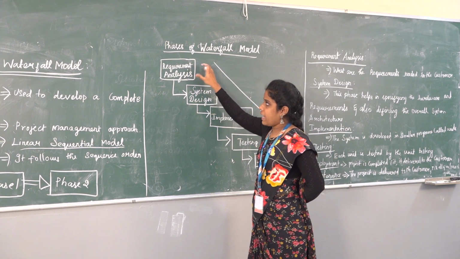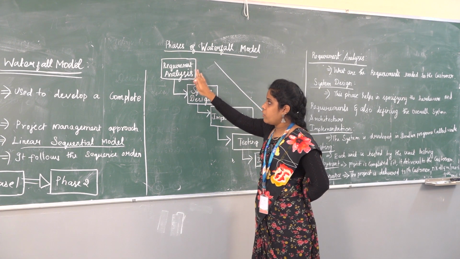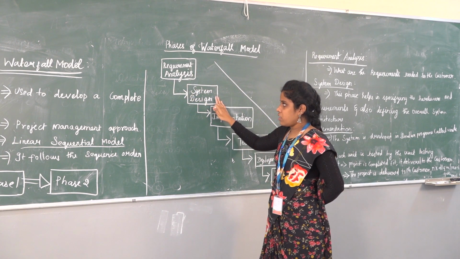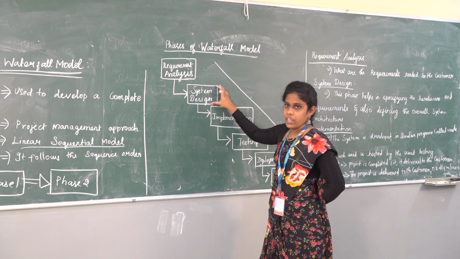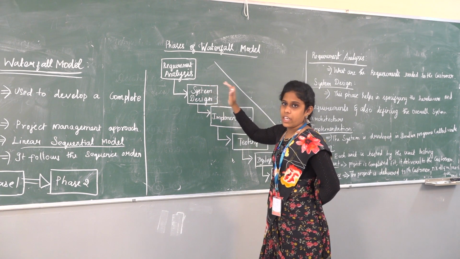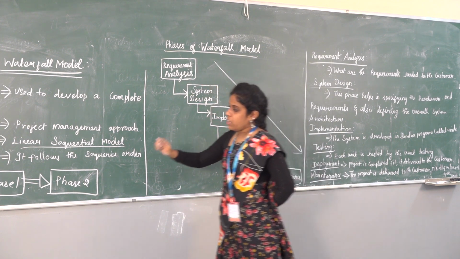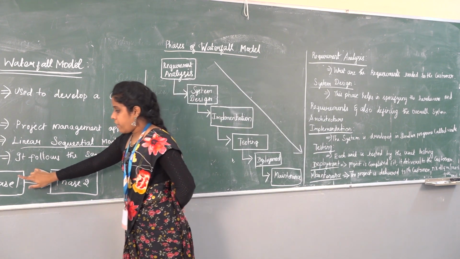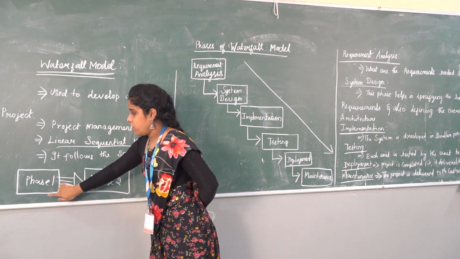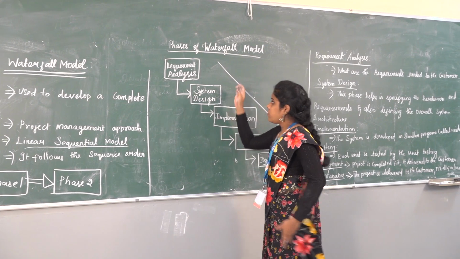In requirement analysis, the process is completely over, then it will move to the next phase, system design. In system design, it will get the input from the requirement analysis. The output of the first phase is the input to the next phase.